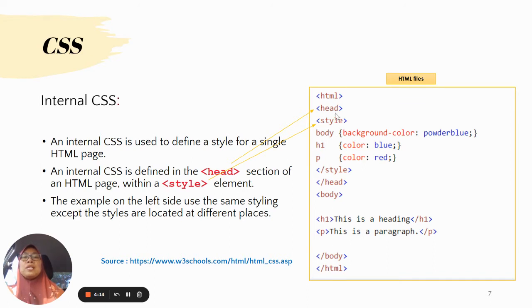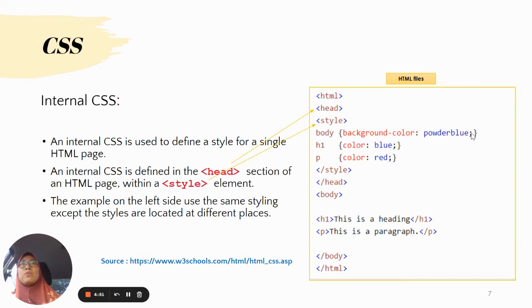You have to create one HTML element with the word style, and then you put all the CSS syntax inside the HTML style element, and this style element will be put inside the head. The code is actually the same. You have to put the selector, which is the element that you want to change, and then you open the curly braces. Then you have the properties, and you put the colon to separate the property and the value, and at the end of the statement, you have to put the semicolon.